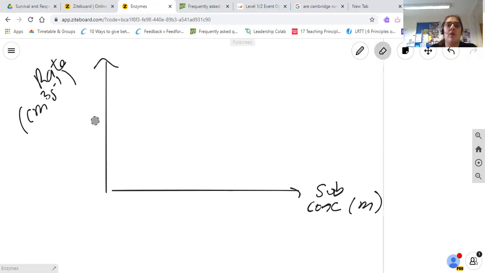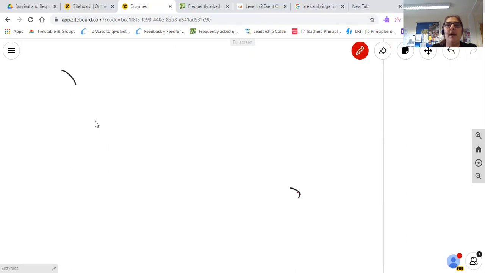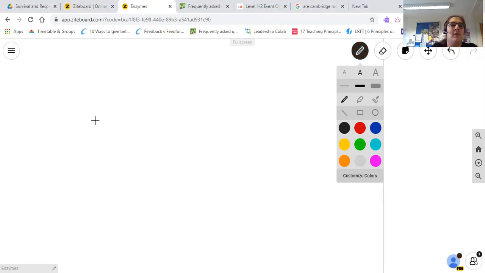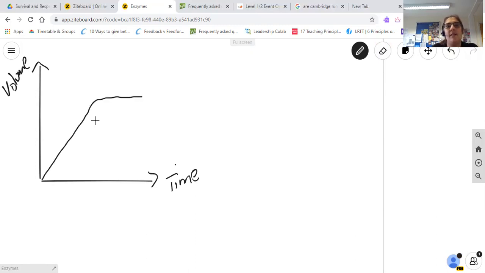Now, I want to just show you those two graphs again, okay? Because it's really easy to get them mixed up, okay? So this is why I say you've got to be really careful about what you're looking at. So if we had, for example, the first one where we had time against volume, you end up with a graph that looks like this.